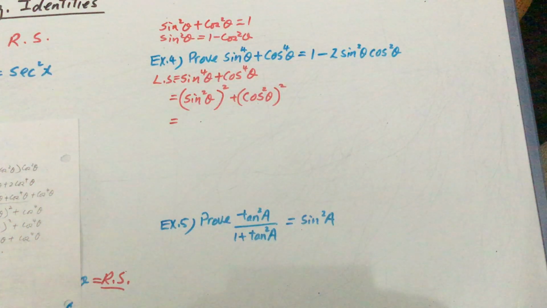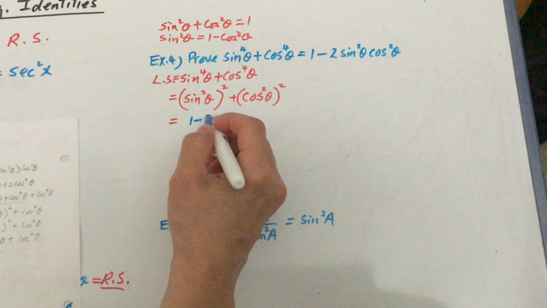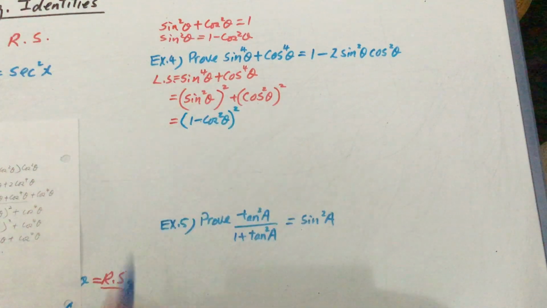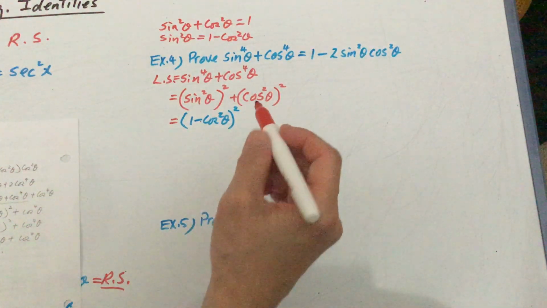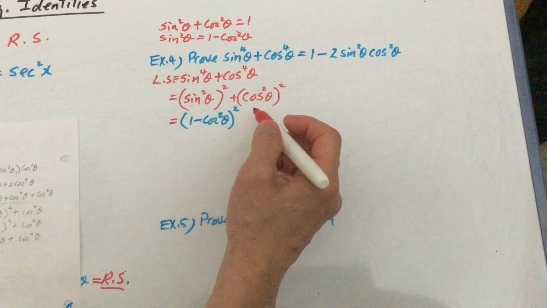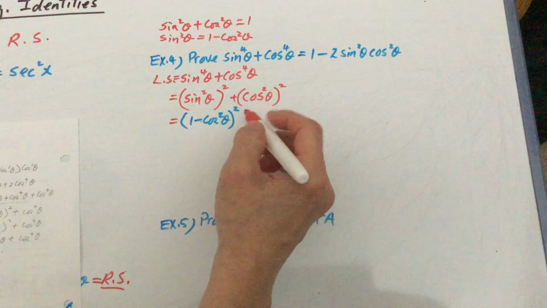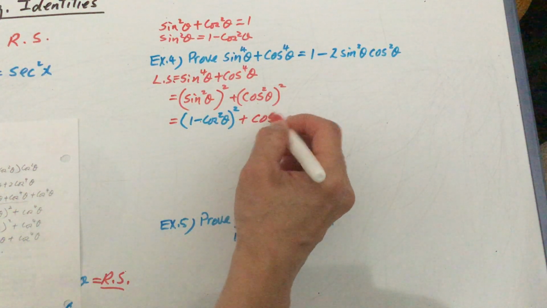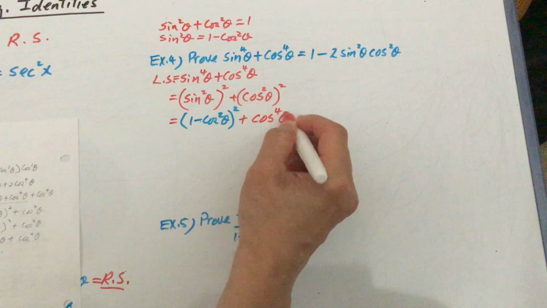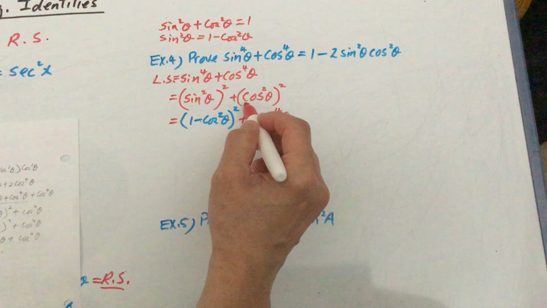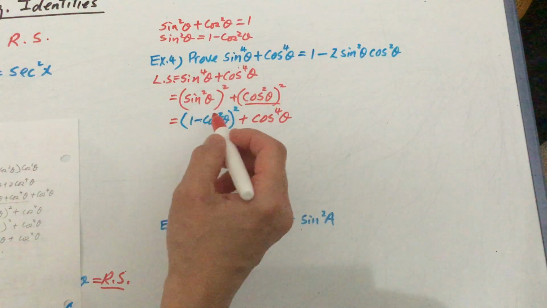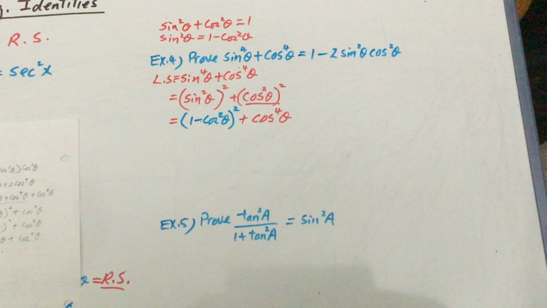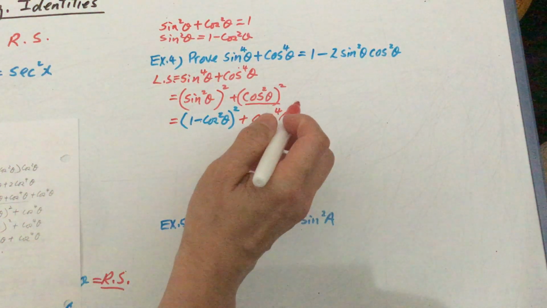So down here, I'm going to replace this with 1 minus cos squared theta, to the power of 2. And in fact, I don't have to break this into 2, I just have to leave this as cos to the 4th theta. I shouldn't have done this before, because what I'm trying to make is an expression where everything is in terms of cos, so I don't need to change that.